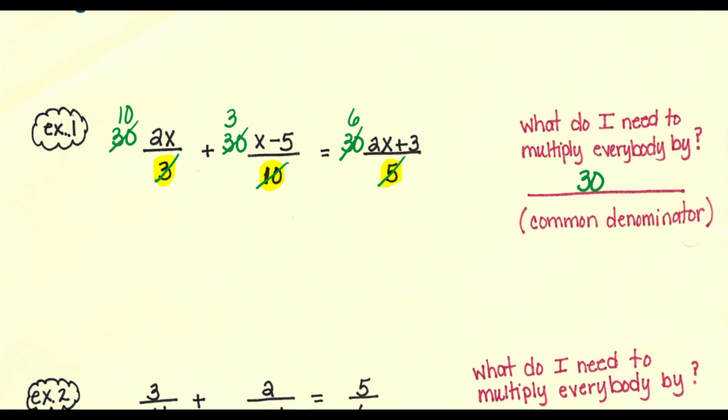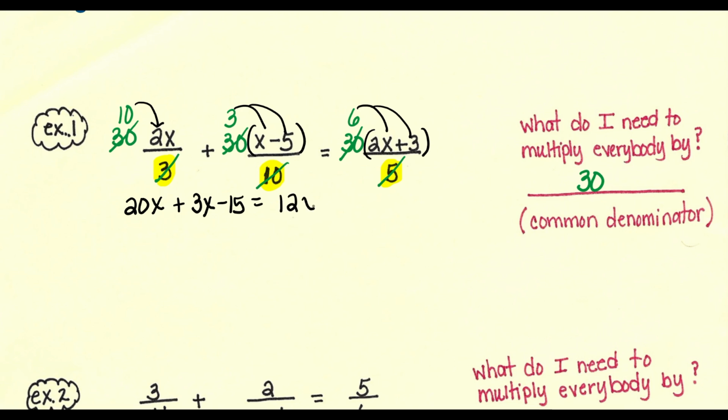So I take what I have left over, that 10 times that 2x, to give me 20x. Then here I take that 3 times that x minus 5 to get 3x minus 15. And lastly, I'll take 6 and distribute that through to give me 12x plus 18.